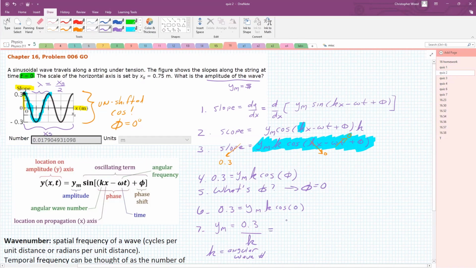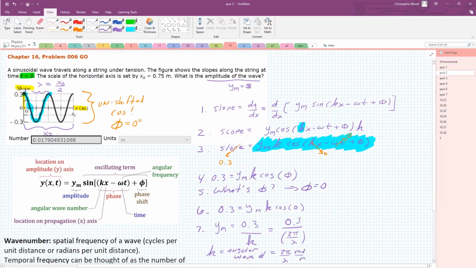So here's what I can say: 0.3 all over 2 pi over lambda, because k equals 2 pi over lambda. Amount of cycle per wavelength. And the units would be radians per meter.